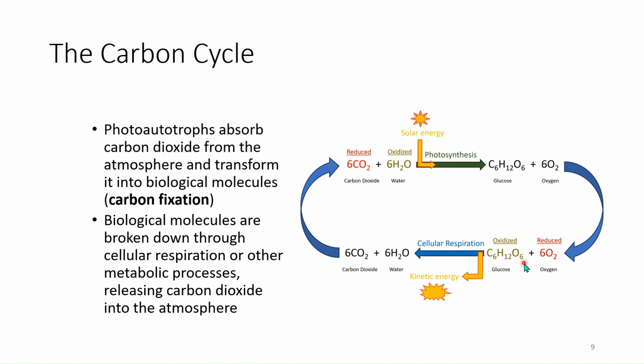One is oxidizing our organic molecule into CO2 to capture energy and release the energy. And that completes this biogeochemical cycle here. Although there are other ways we can process carbon, this is kind of the bread and butter of the carbon cycle.